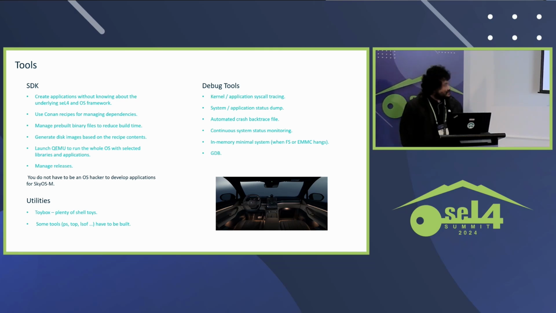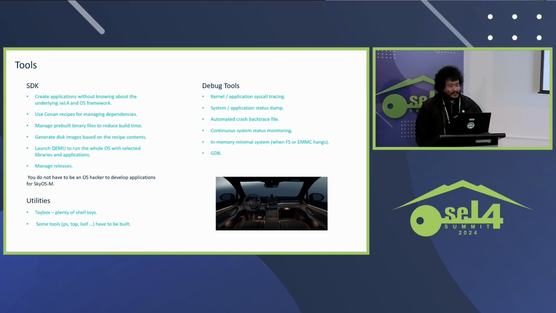Now we have the essential components, the programming interface and the POSIX layer. How do the end users use it to build their applications? We don't expect them to know how to build the OS from scratch, right? So we provide the SDK as a tool. Basically, it's based on Kernel, and Kernel is used to manage the dependencies.